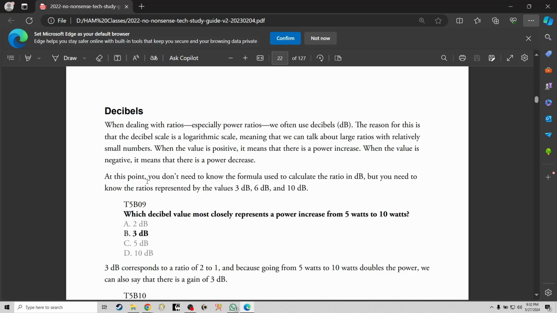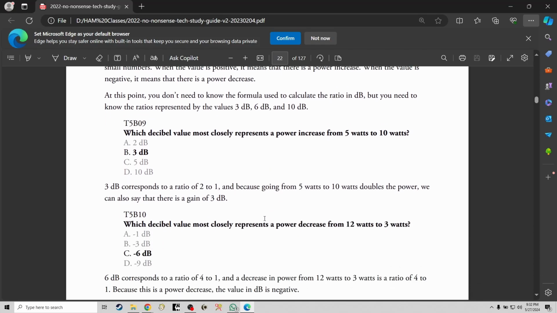At this point, you don't need to know the formula for calculating. Of course you don't, it gets very, very complicated. But you need to know the ratios represented by the values 3, 6, and 10 dB. Those are very important numbers as far as decibels go. You'll see that in just a minute. Which decibel value most closely represents a power increase from 5 to 10 watts?